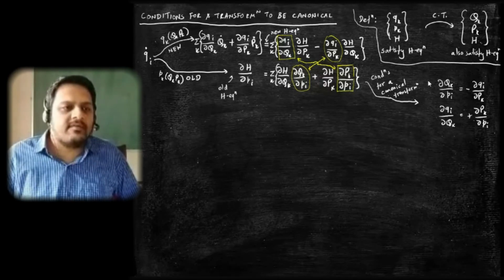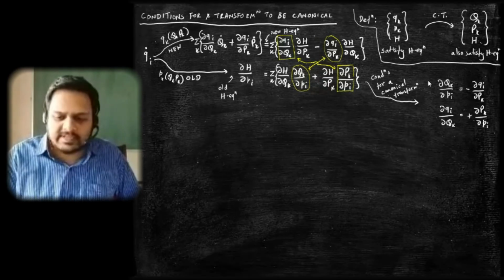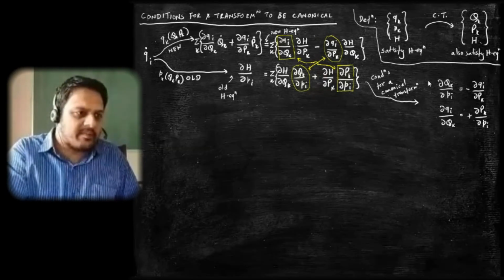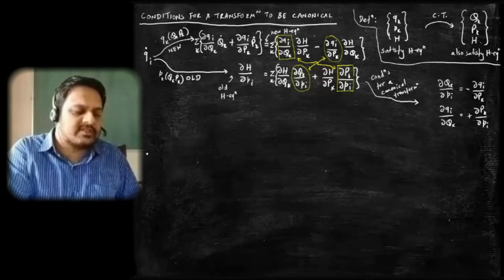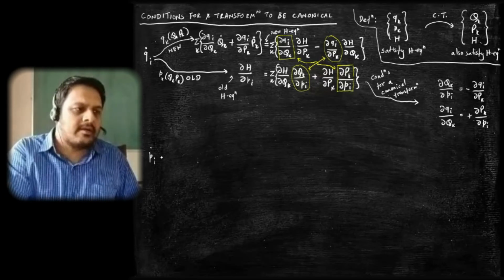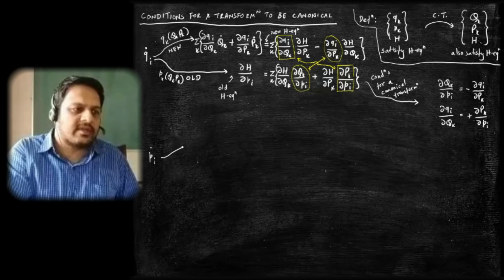So basically we have two equations here, and this is not the complete story. You can get two more equations by considering what is Pi dot, and we can quickly run through the whole thing here.